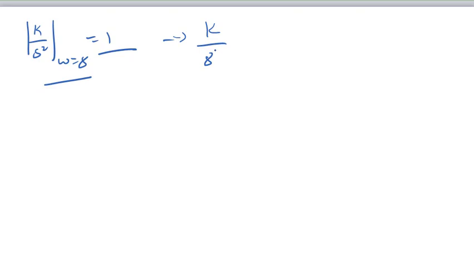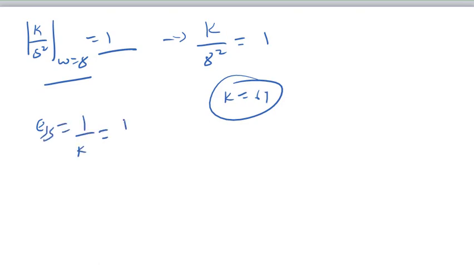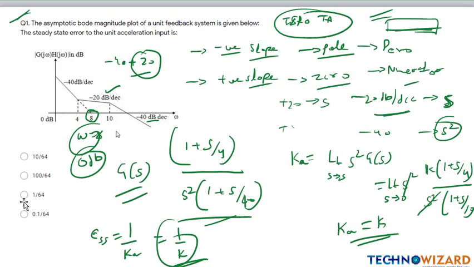So I can write K upon S square at omega equal to 8 gives us 1, which is K upon 8 square equal to 1. K is equal to 64. Therefore, steady state error ESS is 1 upon K, that is 1 upon 64, is the correct answer. Therefore option C is the correct answer.